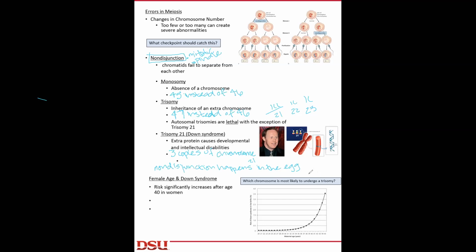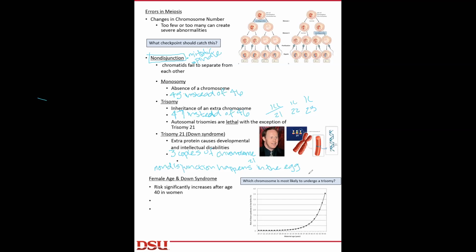That doesn't happen. So we get both copies of chromosome 21 in the egg cell. When dad's sperm meets with that, we end up with a total of 3 copies. This is what I was saying, that as a woman approaches 40, the odds of this particular issue with non-disjunction increases. And again, that's due partially to the age of the egg itself and to the fact that it's been in this holding pattern of meiosis for 40 years.